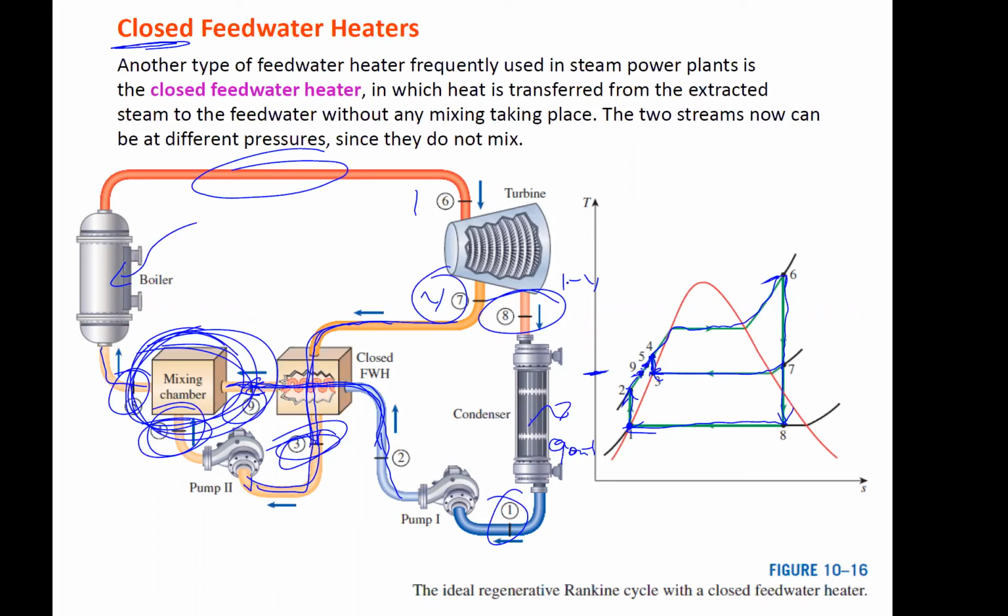So then y amount flows all the way here until you get to the mixing chambers. That's all the y amount, right? 1 minus y flows all the way through here to the mixing chamber, and the mixing chamber combines the two, and we get back to the full amount, or 1 amount, right? Right there. Does that answer your question? Yeah. Okay.